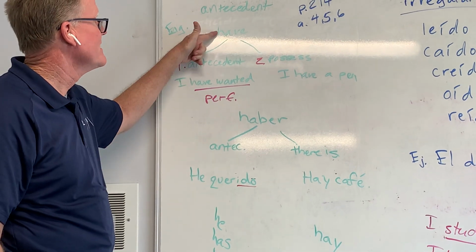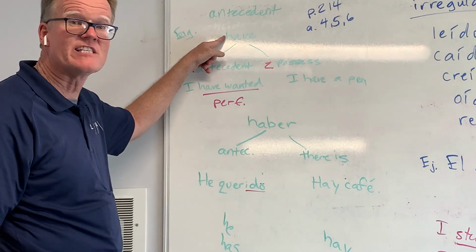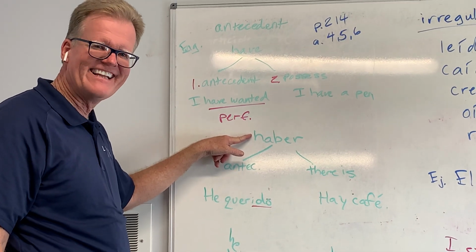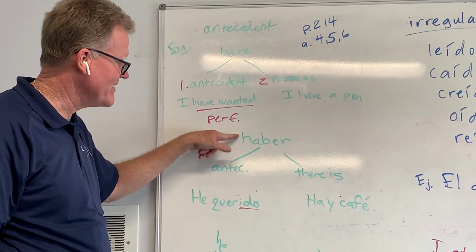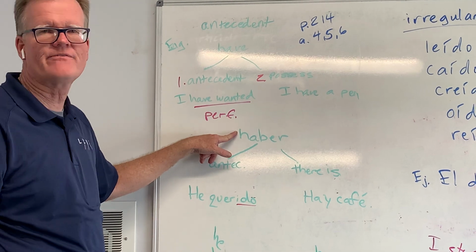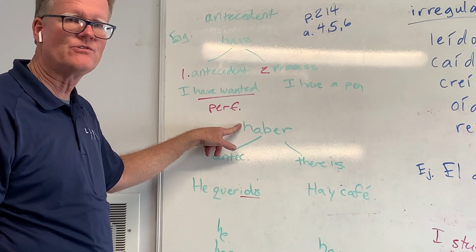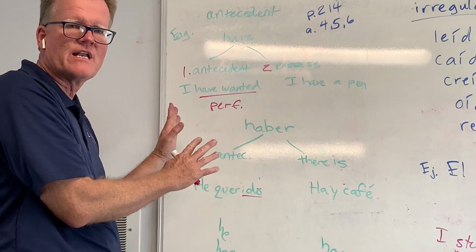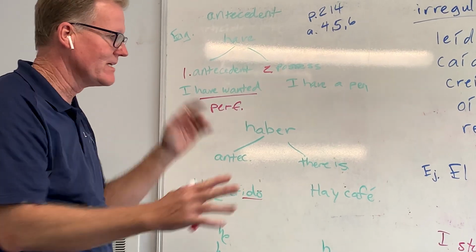How do we translate have in Spanish? Tener, right? Well, tener is not used for the perfect tense. Haber is used for the perfect tense. So it's a different verb, but both of them have two jobs. So that's just kind of interesting. That might help us to not get confused at some point in time.